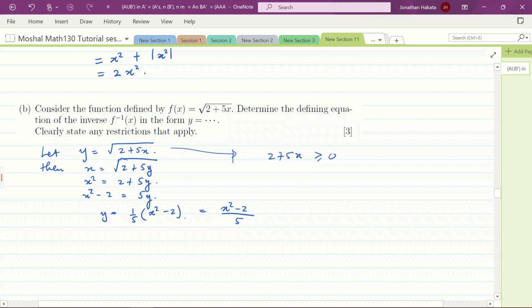Otherwise, we have a problem. If we solve this, we have 5x greater than or equal to minus 2, so x is greater than or equal to minus 2 over 5.